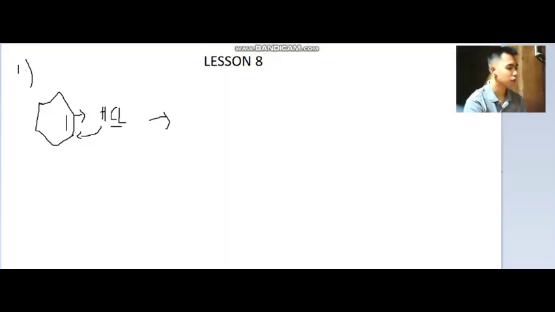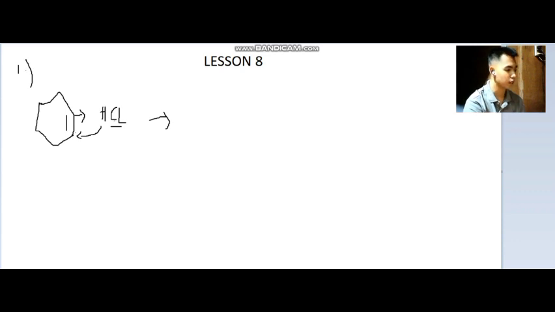Okay, so now we are down to our last lesson, lesson 8. And in our first problem, we are tasked to simulate the finished product of these two compounds. So what we have here is a cyclohexene, cyclo because this is shaped like a ring, and it has 6 sides in total, and it has a double bond, so this is the cyclohexene.